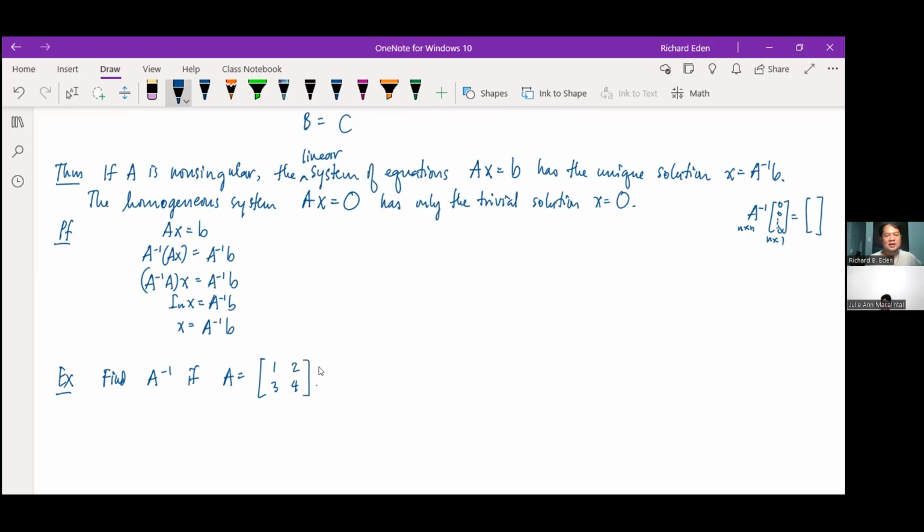And then just give me the answer. There are going to be 4 entries. And then use this to solve the following system of equations: x plus 2y, and 3x plus 4y equals, I'll assign that later. Just give me first A inverse.